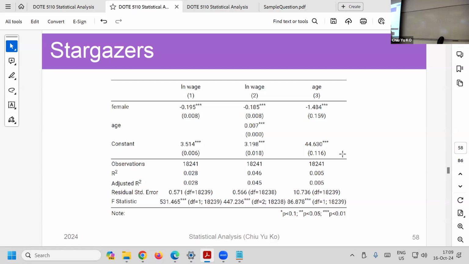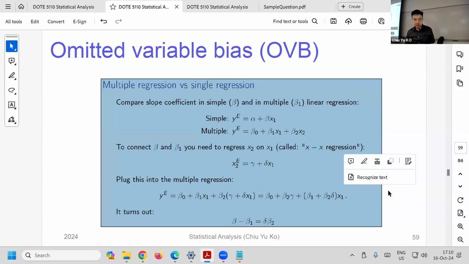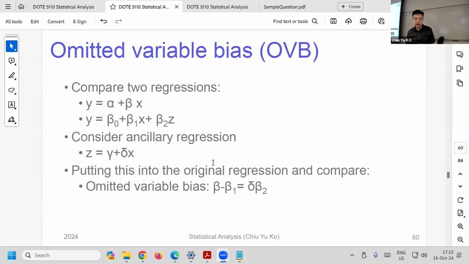And this is in the literature, because if you forget the age, which is important, that is called omitted variable bias, OVB. This is what it means. There's math behind all this, but I don't think I have time to cover that.